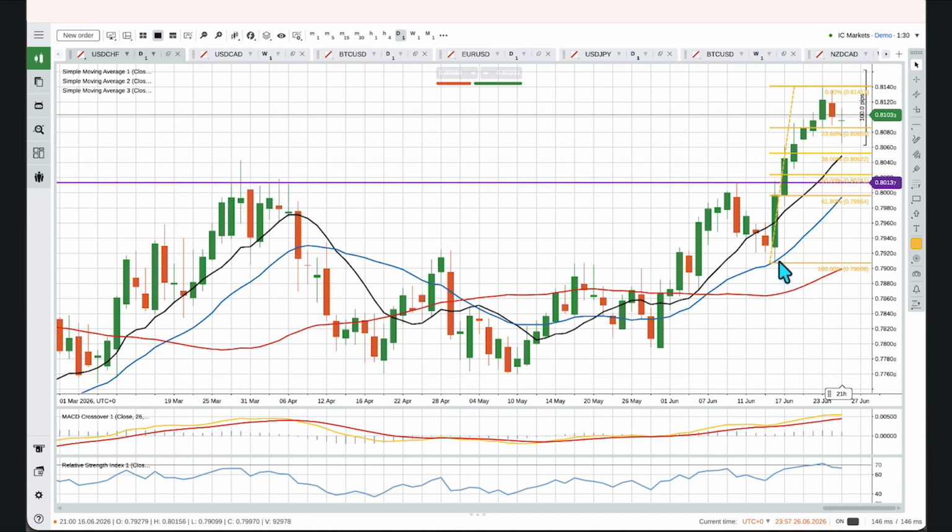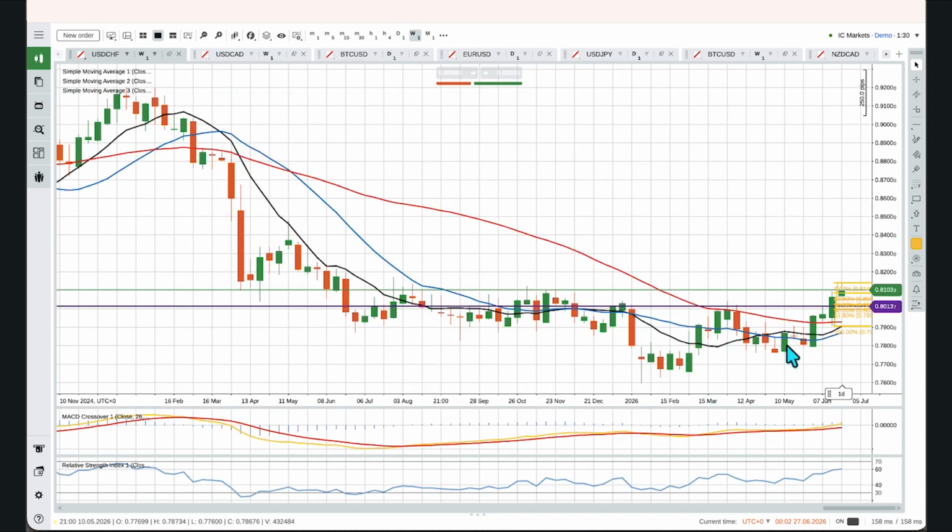Now adding the Fibonacci retracement of this daily latest move, we can see that this area of 80, where we had another touch before the break higher, is also correlating with the buy zone, the area between the 10 and the 20 moving averages, and also with the sweet spot, that area between the 50 and the 61.8% retracement. And quite similar to euro dollar, we are also back into an uptrend on the weekly chart.